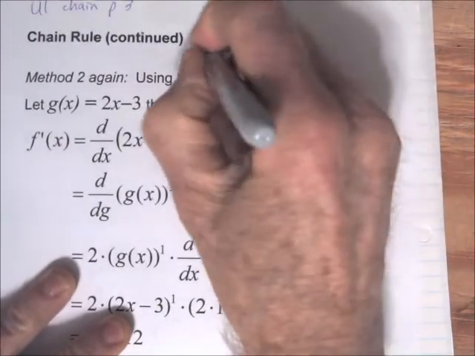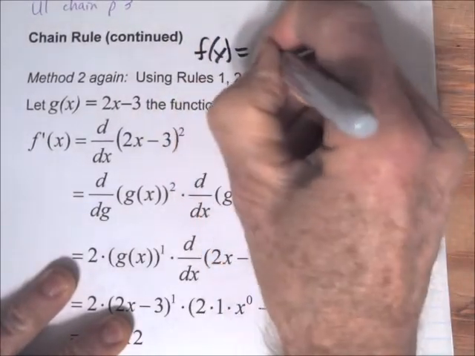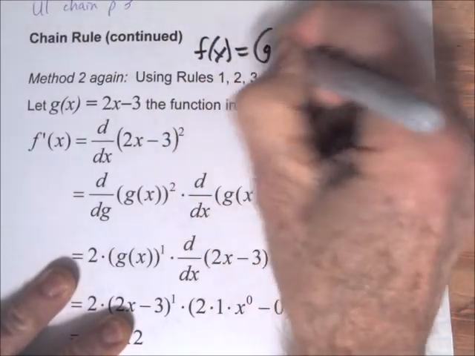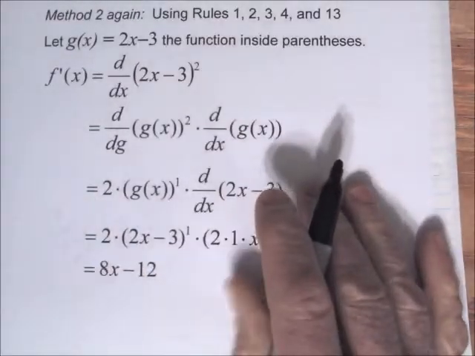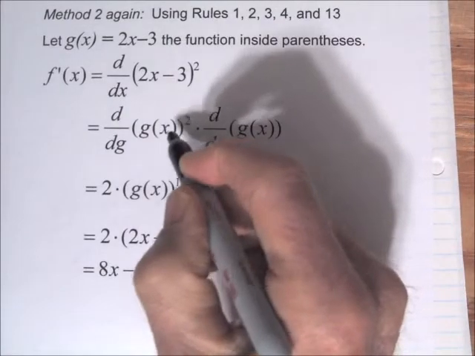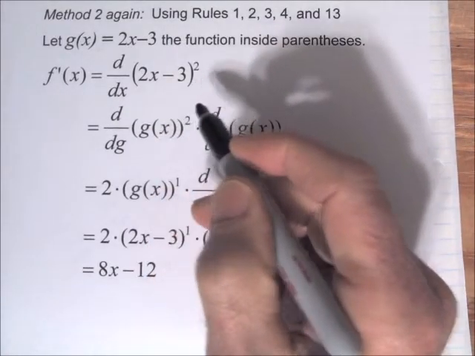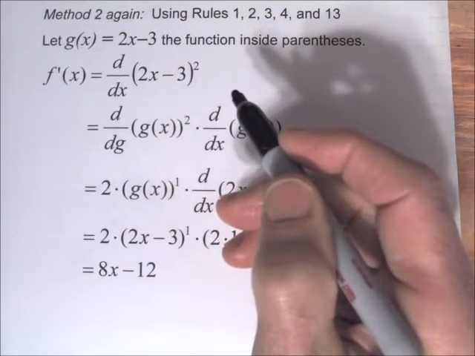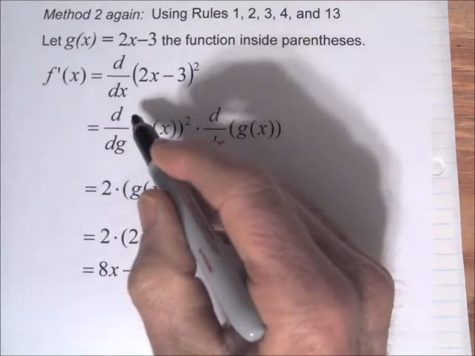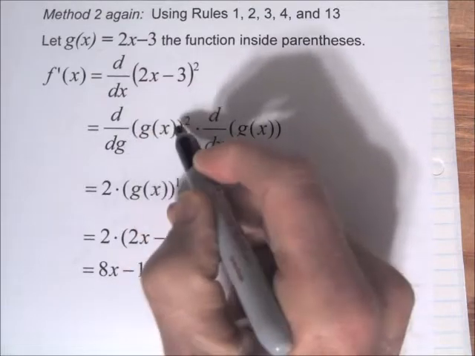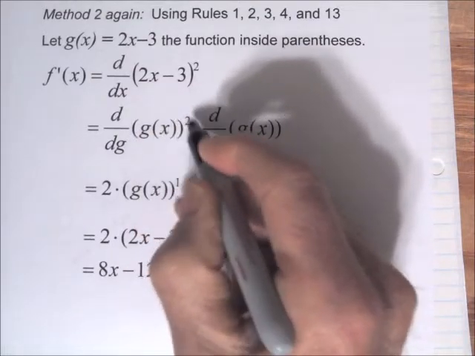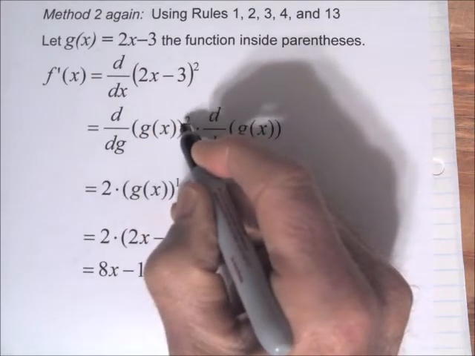So g of x is what's inside. We want to first take the derivative of g of x squared with respect to g. We use the power rule there.